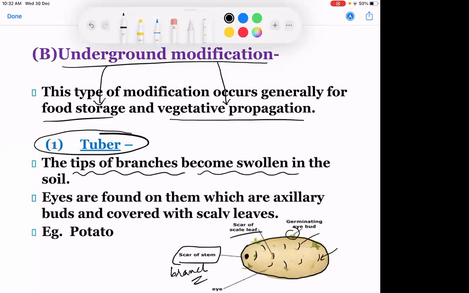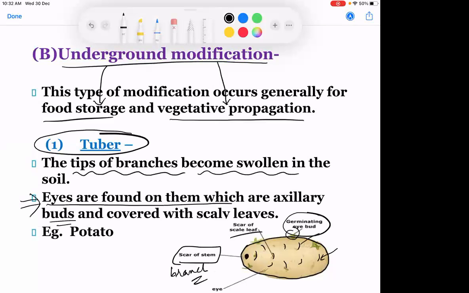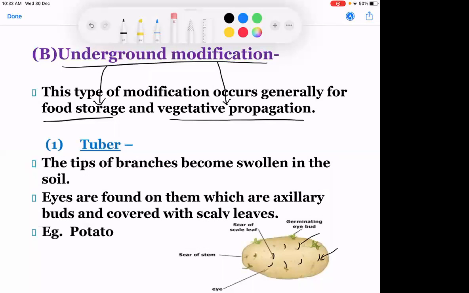Now, what is a bud? The eyes are on them, axillary buds. These are the eyes for vegetative propagation.